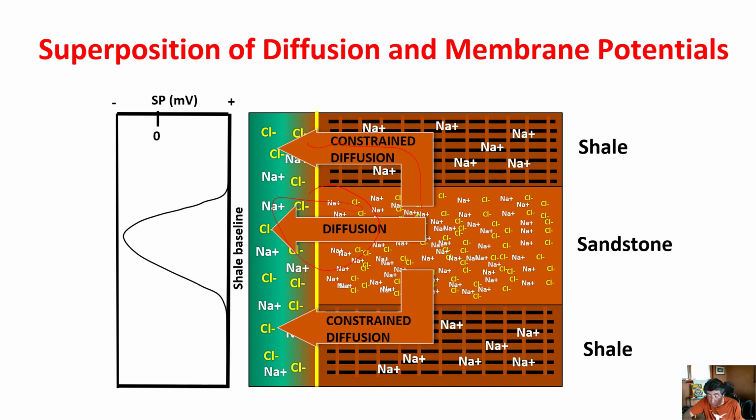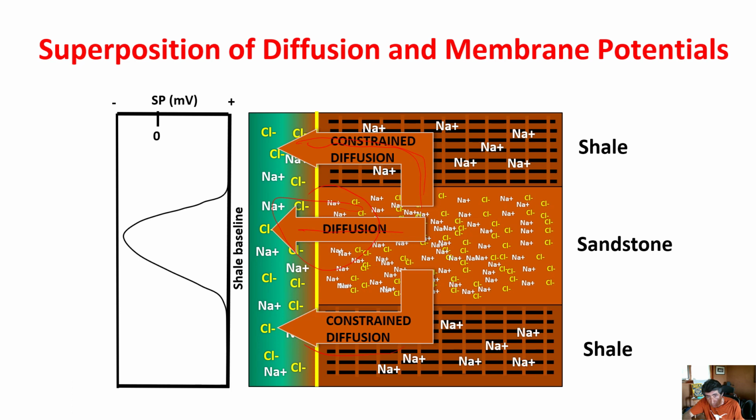So we have these two alternative paths: equilibration through the porous medium itself between the mud filtrate and the porous sandstone, or equilibration between the sandstone and the mud filtrate through the shale. And what happens is that the equilibration that takes place through the porous medium is going to be governed by the diffusion potential.